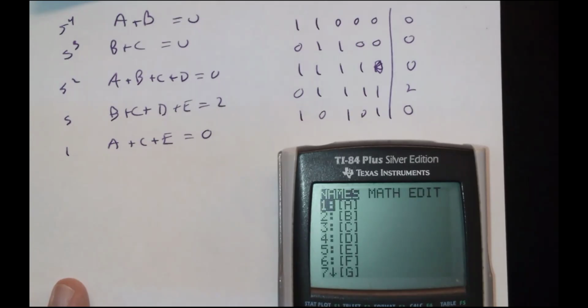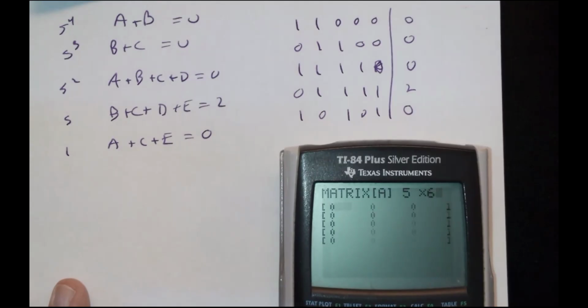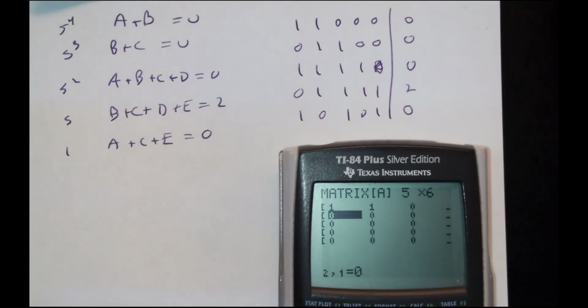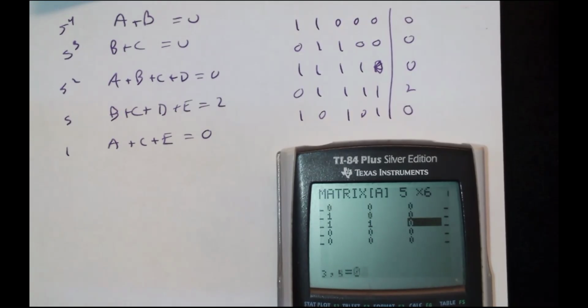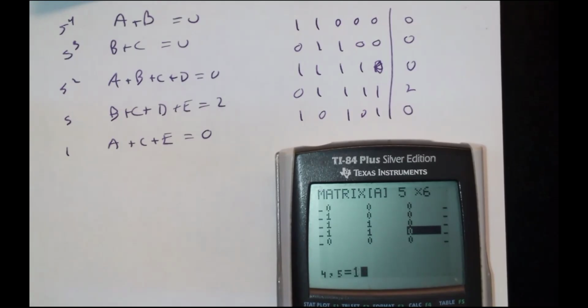Second matrix. Create 5 rows, 6 columns. 1, 1, 0, 0, 0, 0, 0, 1, 1, 0, 0, 0, 0, 1, 1, 1, 1, 0, 0, 0, 1, 1, 1, 1, 0, 1, 0, 1, 0, 1, 0.